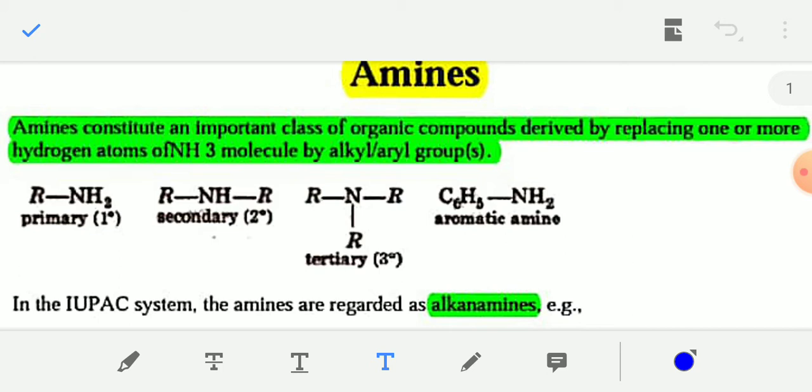If you replace the hydrogen atoms from ammonia, that is from NH3, by alkyl group, then it becomes amine.